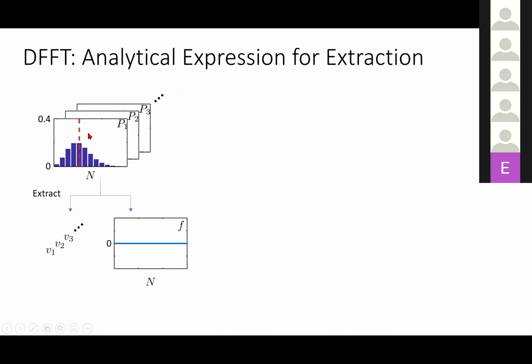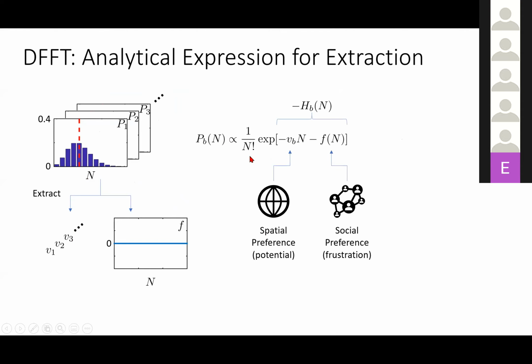Now I'll show you how exactly we extract potential and frustration from these distributions according to this equation. The DFFT tells us the probability distribution for each block is a Boltzmann-like distribution, where in the exponential we have an energy-like term, h of b, and the constant in the linear term gives us the potential for that block.